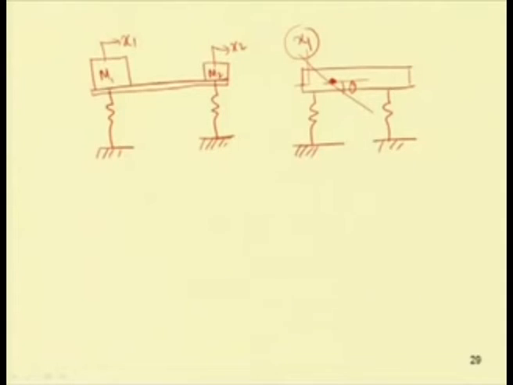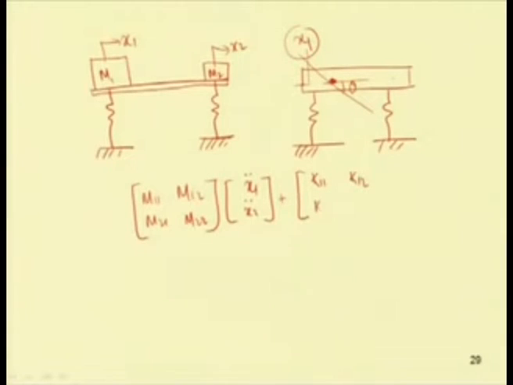The generalized equation of motion for a multi-degree of freedom system can be written in this form. For a 2 degree of freedom system, it will be M11, M12, M21, M22, times x1 double dot, x2 double dot, plus k11, k12, k21, k22, times x1, x2.